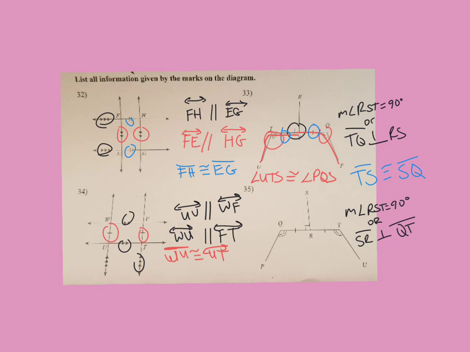You have dashes, which means segment QR is congruent to segment TR. And lastly, you have arcs, so you could say angle PQR is congruent to angle UTR. And that's it, I finished it.